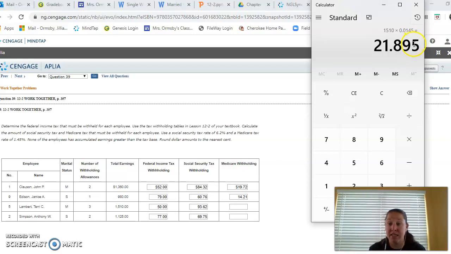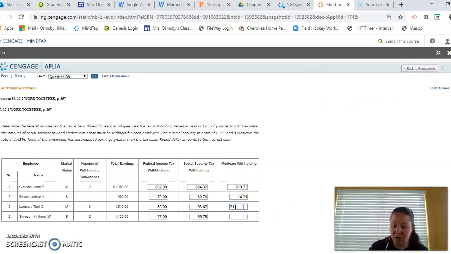However, because this is a 5, if it's a 5, 6, 7, 8, or 9, we have to round to the nearest whole penny. So we're rounding up. So it would be $21.90.